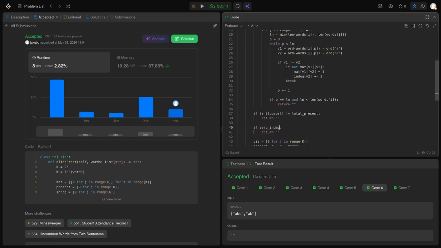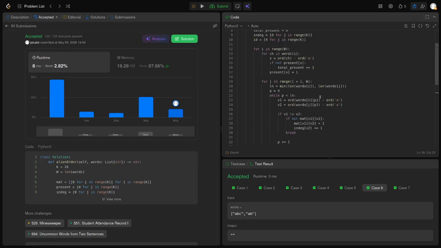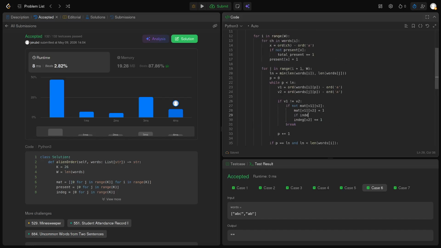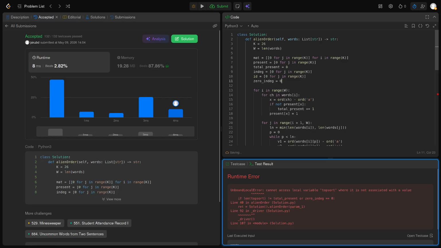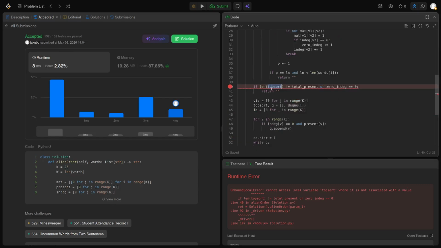Zero index 0. Okay, so that means that if index equals 0, index plus equals 1, and then 0 index. I have to do this at the end, okay.